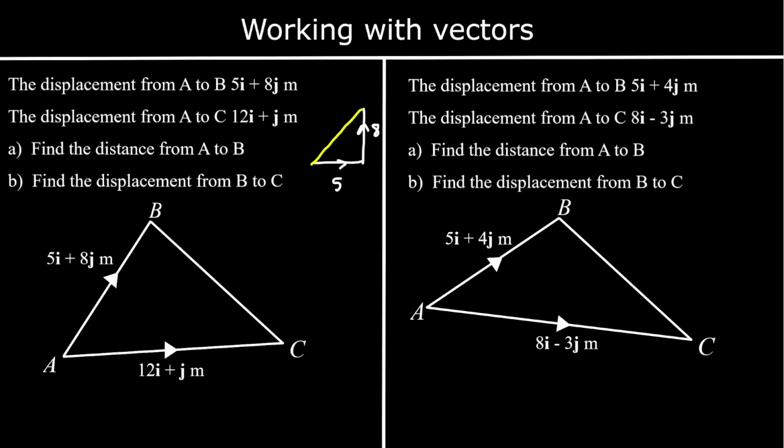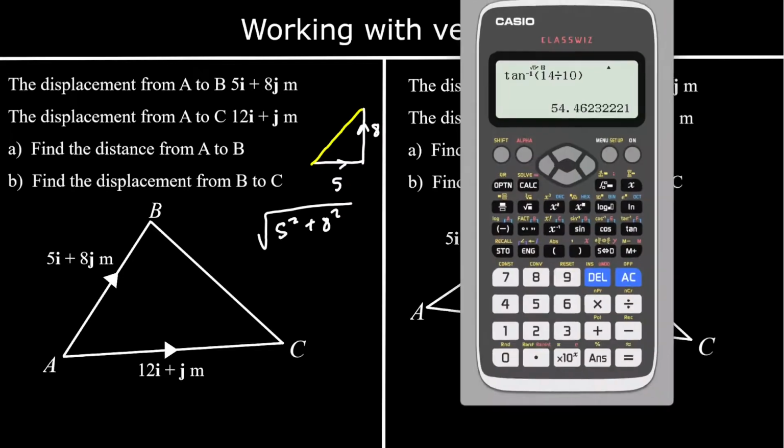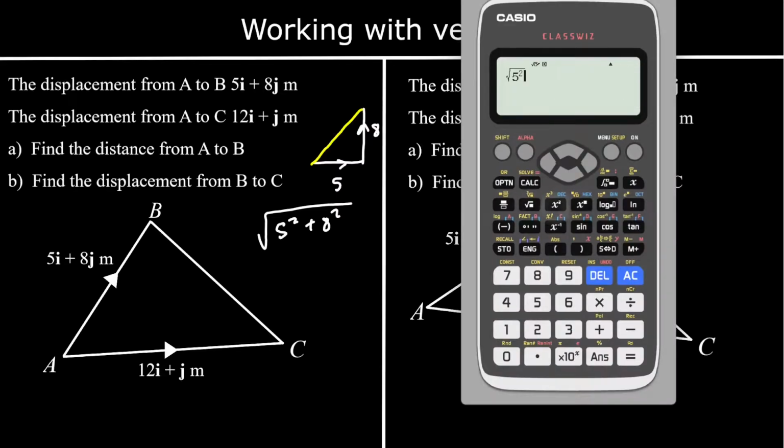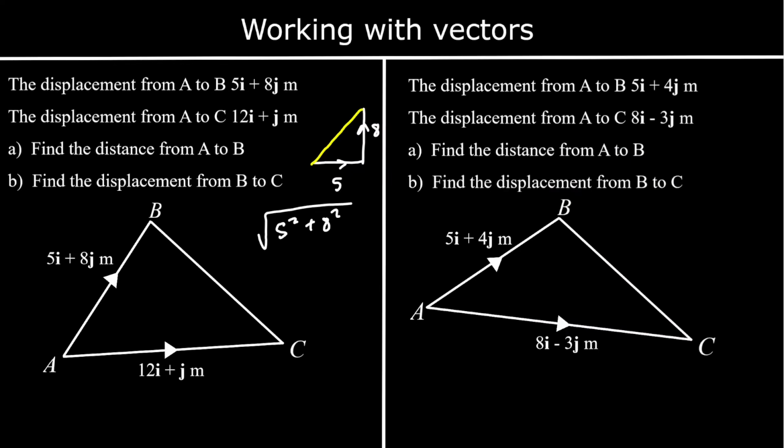So it's just how long is this yellow line? How far is it from A to B? So Pythagoras, the square root of 5 squared plus 8 squared. And we get 9.4. So 9.4 meters from A to B.